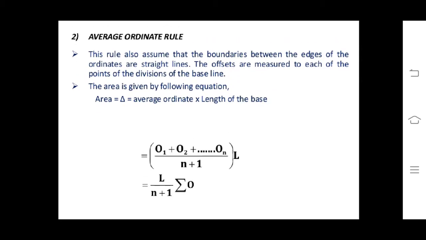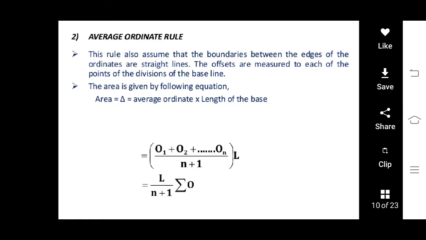Average ordinate rule. This rule also assumes that the boundaries between the edges of the ordinates are straight lines. The offsets are measured to each of the points of division of the baseline. The area is given by the following equation.